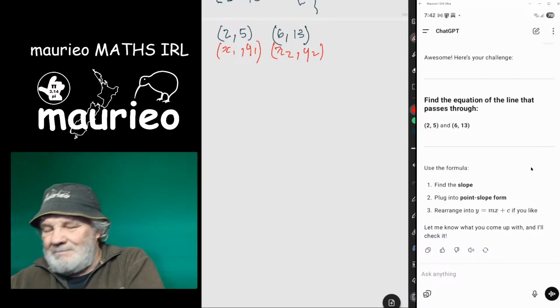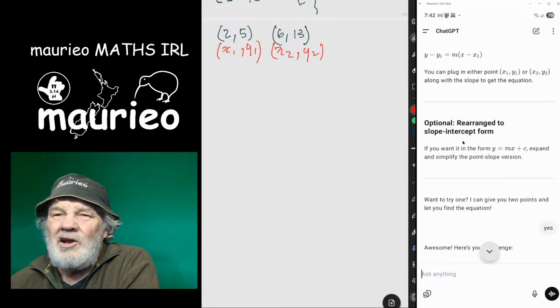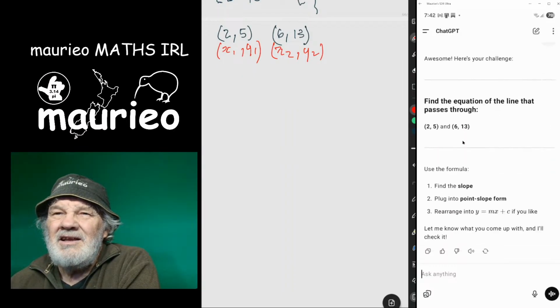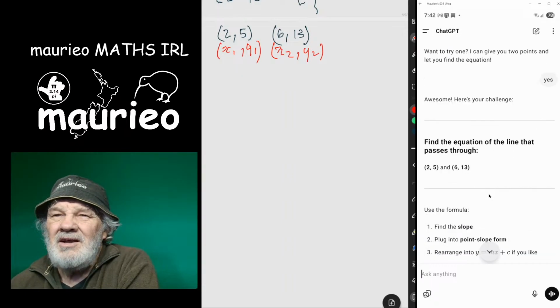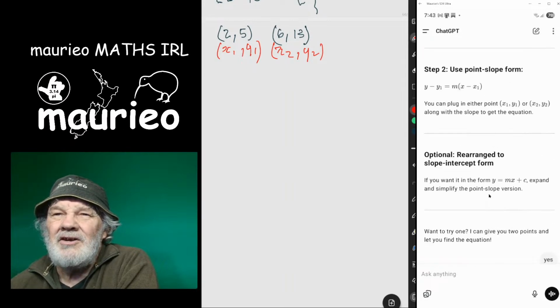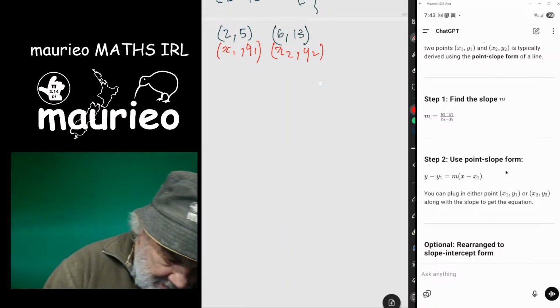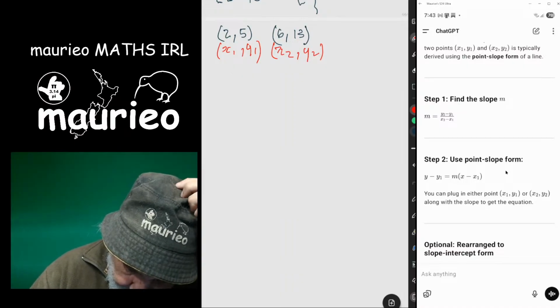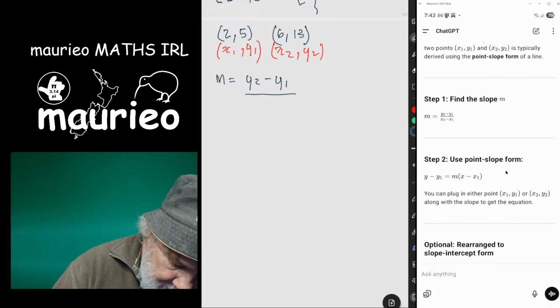Okay, so find the slope. So let's go back to the slope. m equals y2 minus y1 over x2 minus x1.